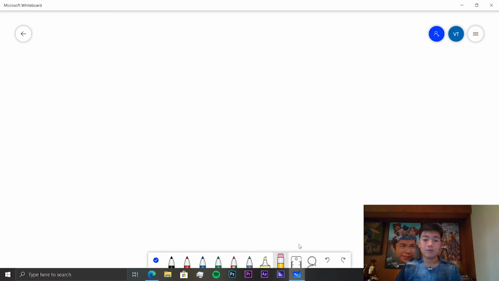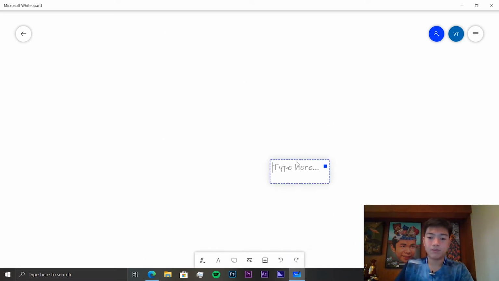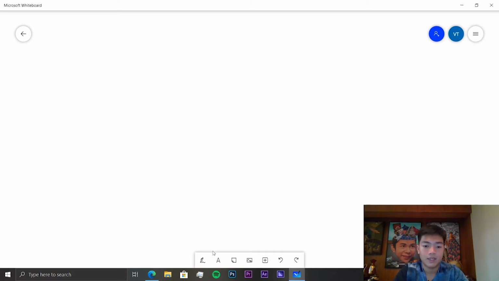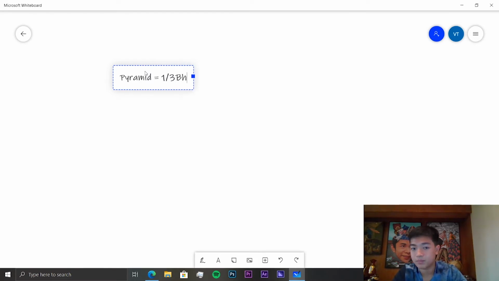Other than that, you need to memorize the usual volume and surface area calculations for most normal 3D shapes. The volume of a pyramid is equal to 1/3 base times height. And by interpolation, the cone is 1/3 times pi r squared h, since pi r squared is the area of the base.